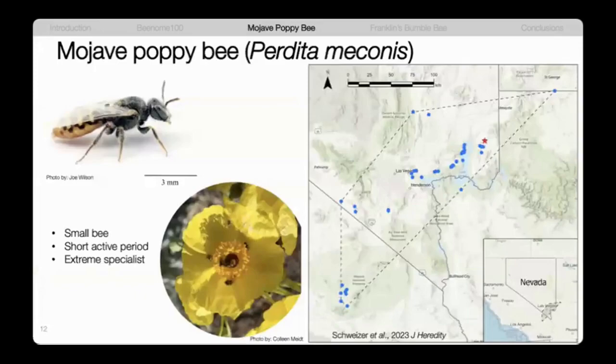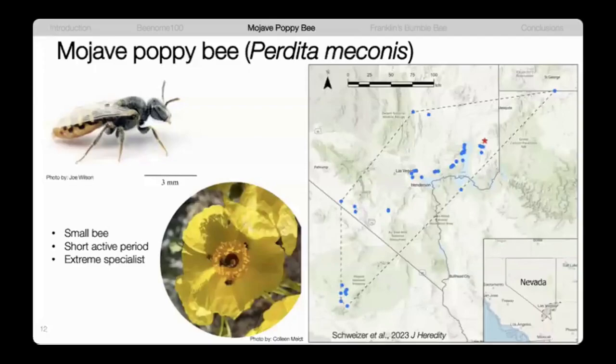So the Mojave poppy bee, or Perdita meconis, is a species of conservation concern that's restricted to the eastern Mojave Desert of North America. It's a specialist pollinator of two poppy genera and is being considered for listing under the U.S. Endangered Species Act, along with one of its pollinator hosts, the Las Vegas bear poppy, shown here in this beautiful photo.